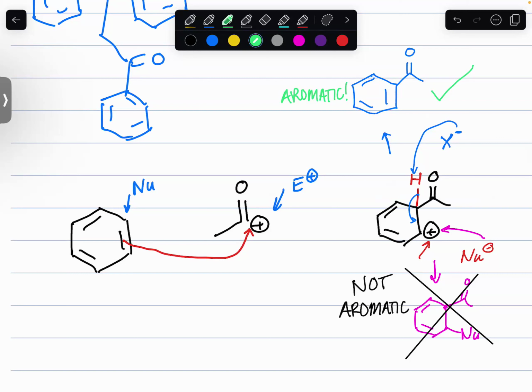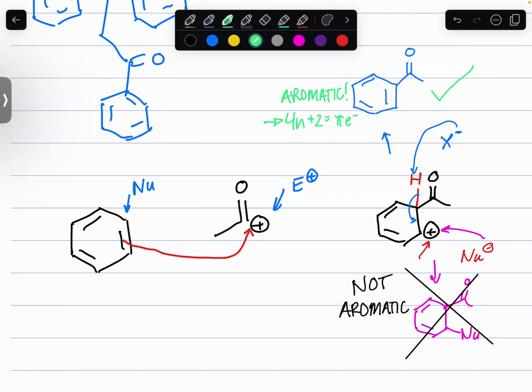How do we feel about the concept of aromaticity? Good? Shaky? Remember that aromatic systems have to follow this equation where 4n plus 2 equals the number of pi electrons you have.